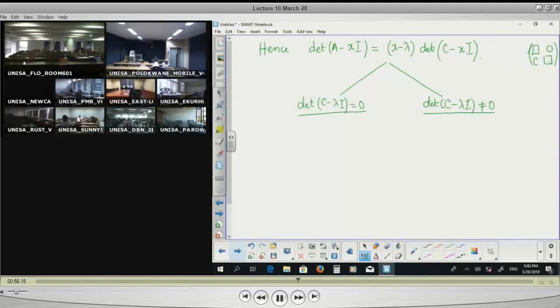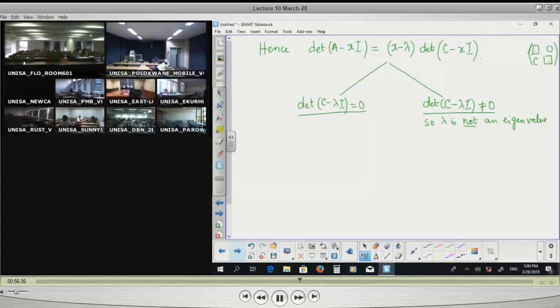And therefore, the algebraic multiplicity of, so, lambda is not, this is the first thing that happens.